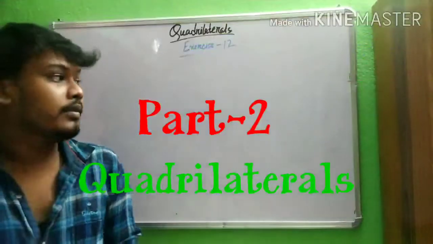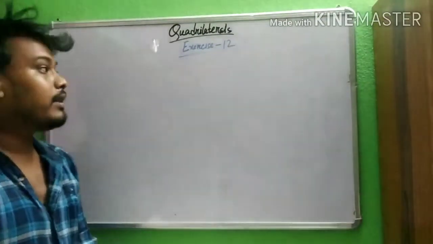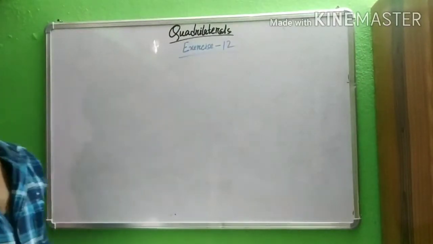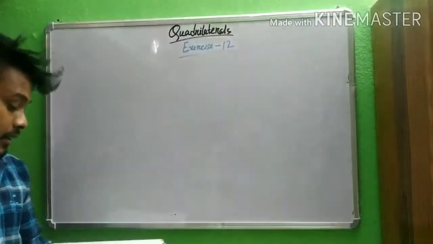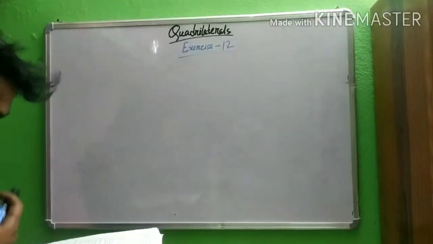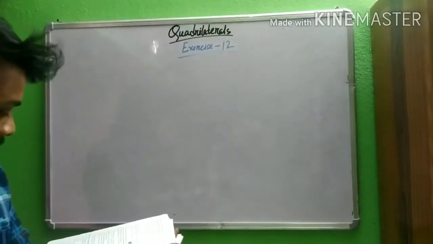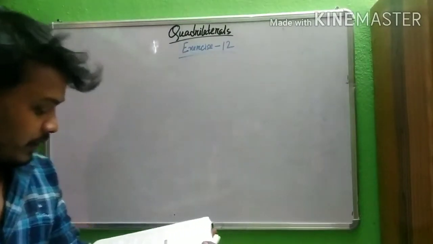Hello everyone. In the previous video, I discussed the definitions and terms related to quadrilaterals, and today we will solve the exercise. I will solve some maths which are very important.